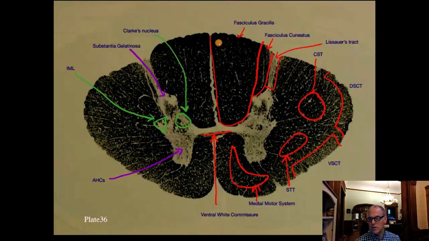Now, since we're at T6, we begin to see just a little bit of the fasciculus cuneatus. Okay, and so the columnar arrangement here of these pathways is important. Notice that for the posterior columns, our sacral and lumbar and thoracic below T6 are in this medial location, and as we move up into the cervical cord, we have the upper thoracic and cervical cord out in this lateral location.